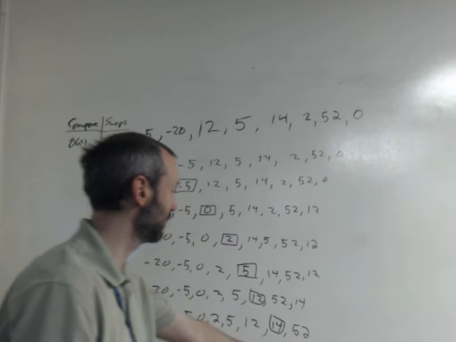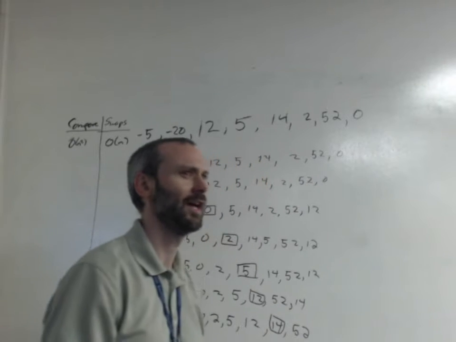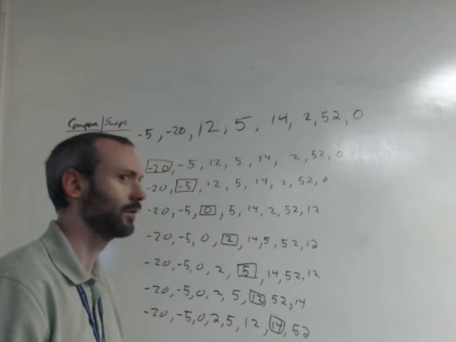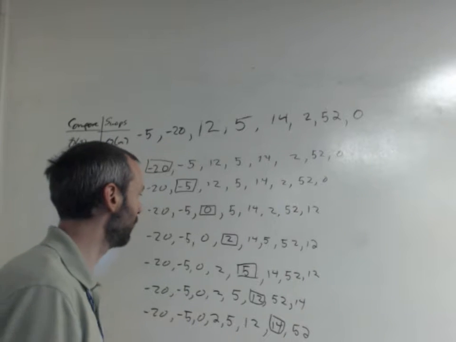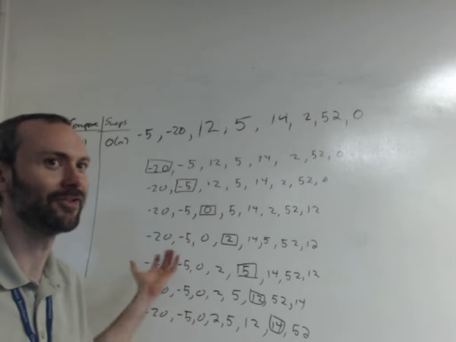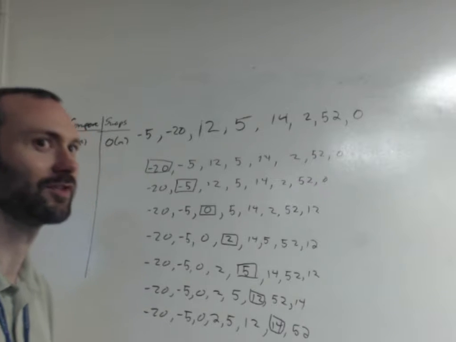Well, we're done, because an array of size 1 is already sorted, right? That's a nice property. You don't need that one last iteration, because an array of size 1 is already sorted.